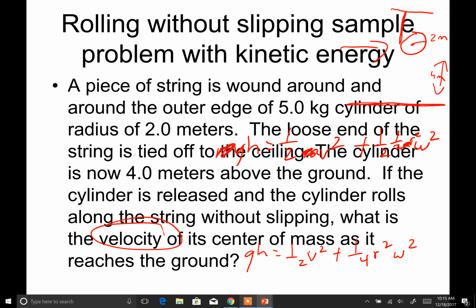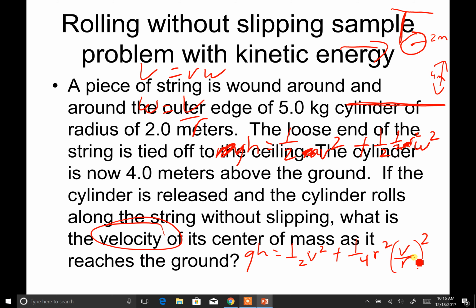Now that still looks a little intimidating because we don't know either v or omega. But what we can substitute in is that, think back to this, v equals r omega, which means omega equals v over r. So let's substitute v over r in there for omega.